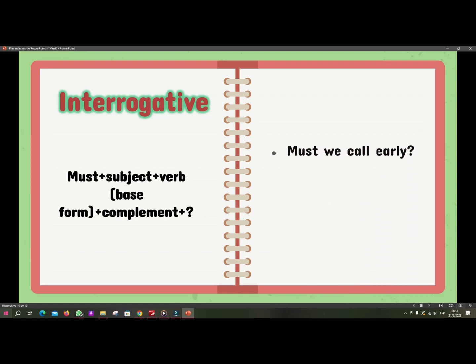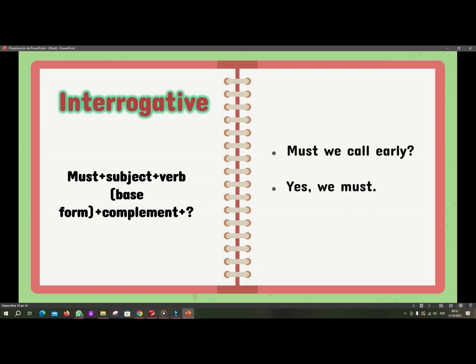For example, must we call early? First, you notice here you have the modal verb. Then we, that will be the subject, call the verb in the base form. Early, that will be the complement, and then you're going to have the question mark. Don't forget that.